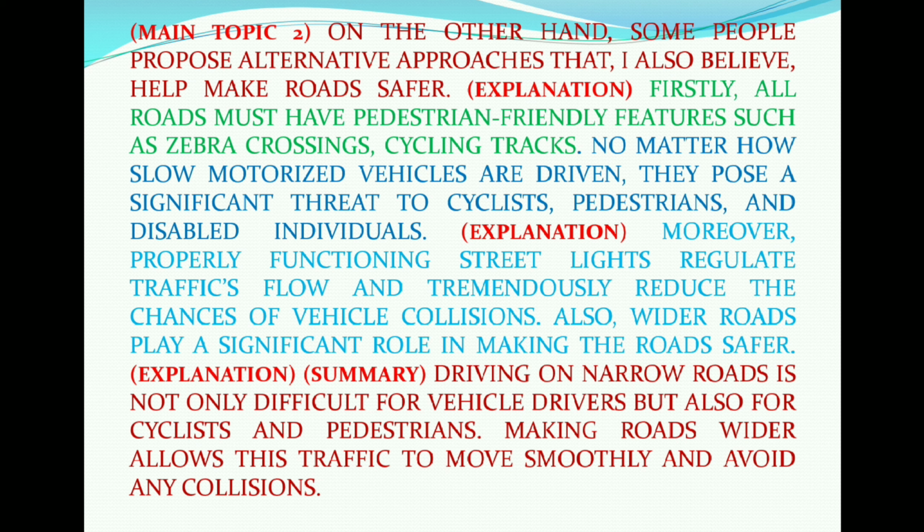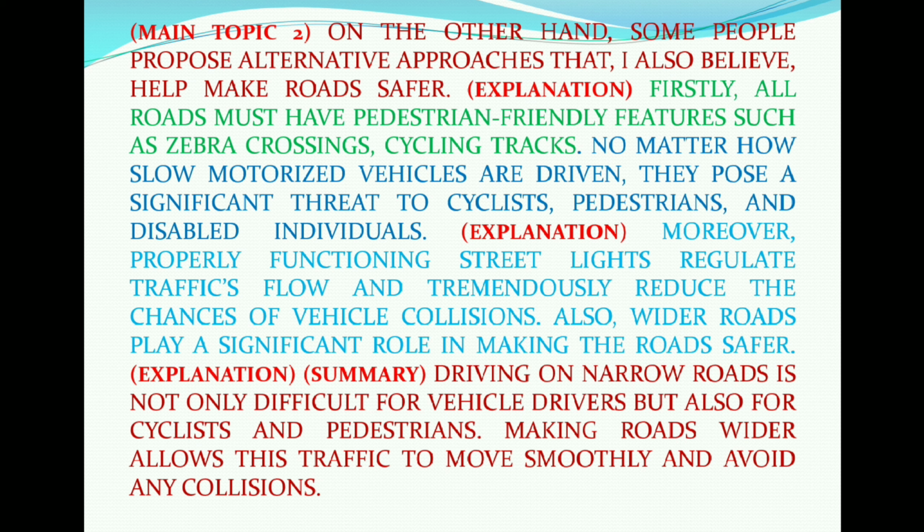So explanation: firstly, all roads must have pedestrian-friendly features such as zebra crossings and cycling tracks. No matter how slow motorized vehicles are driven, they pose a significant threat to cyclists, pedestrians, and disabled individuals, right? I just tried to cover that.